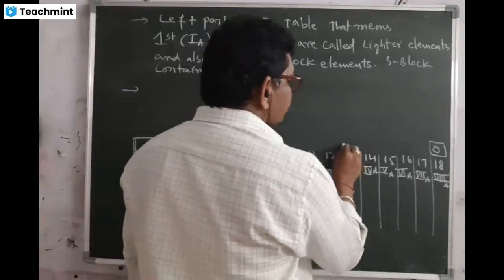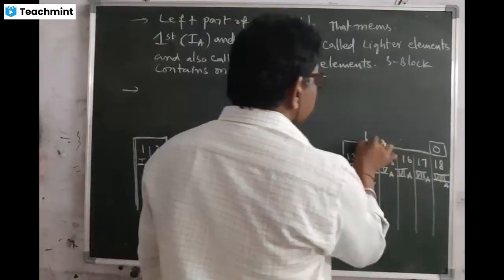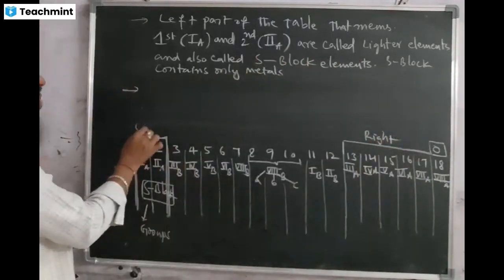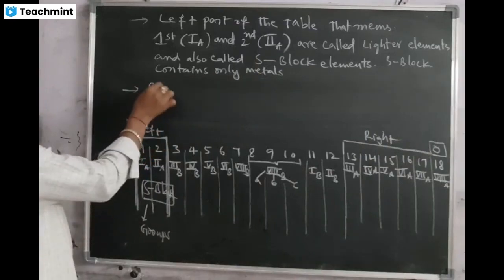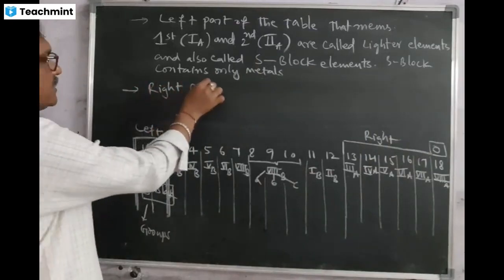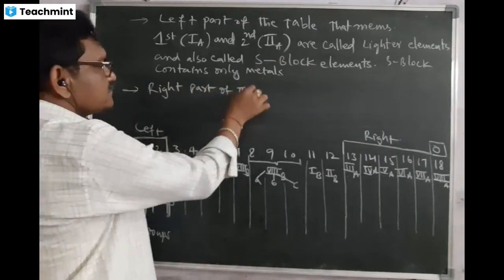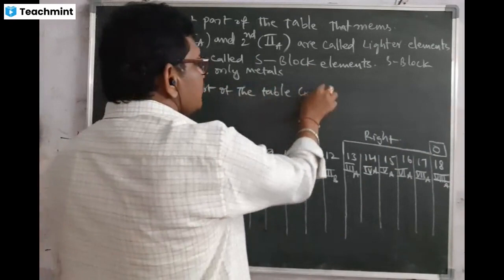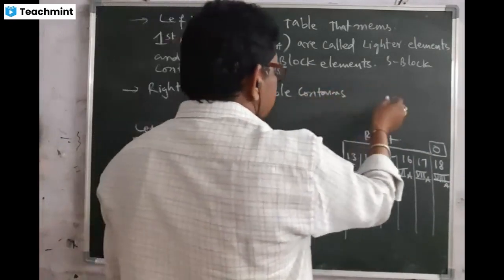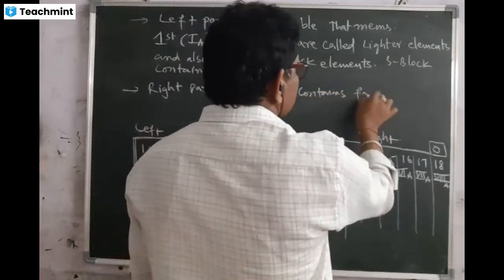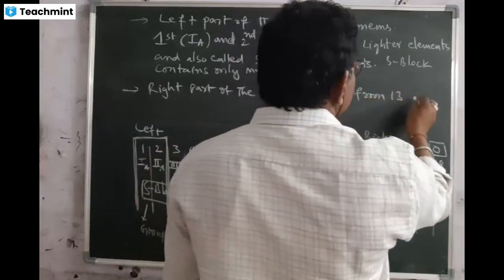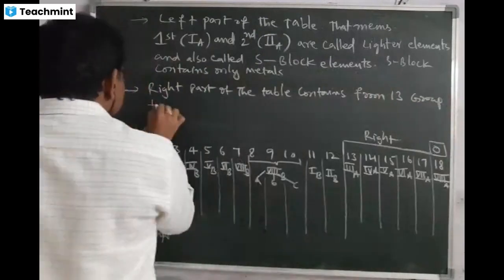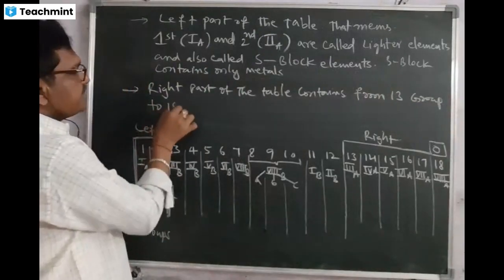Okay, then see the right part. Right part means, see, this one from 13th is the right part, and this is the left part. Right part of the table contains from 13th group to 18th group.